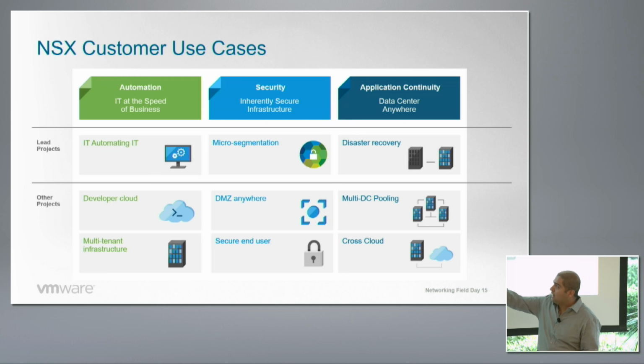Going down, I will talk about developer cloud. This is essentially where you are giving APIs to your developers, and it's a cloud-like experience. So you can consume compute, network, storage on demand. You do this using any of your tools of choice, things like OpenStack, whether it's OpenStack from VMware or a partner of ours.